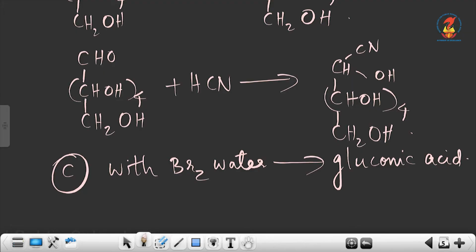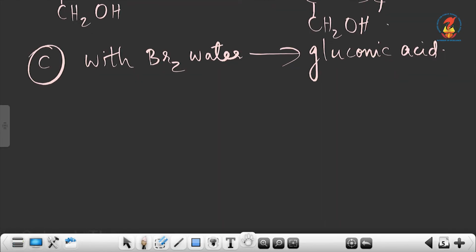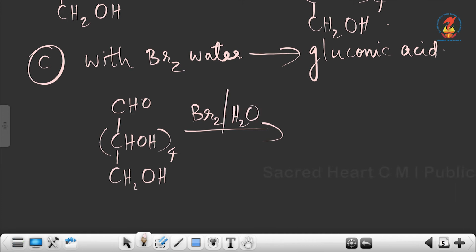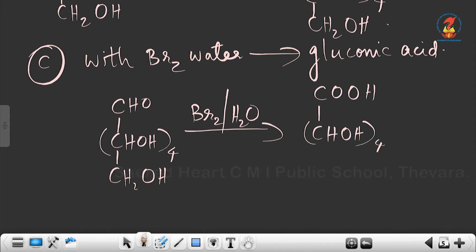So I am going to write the reaction, that is CHO, glucose, (CHOH)4, CH2OH with bromine water, Br2/H2O. CHO changes to COOH, it gets oxidized to COOH. The rest all remains the same.